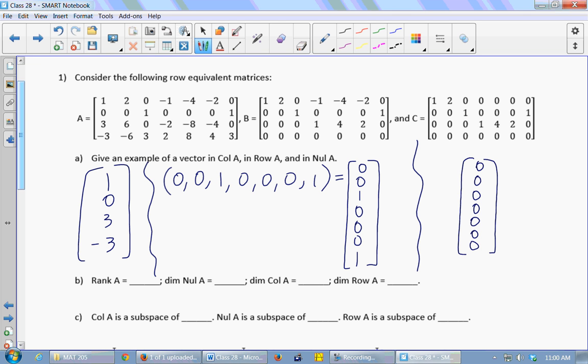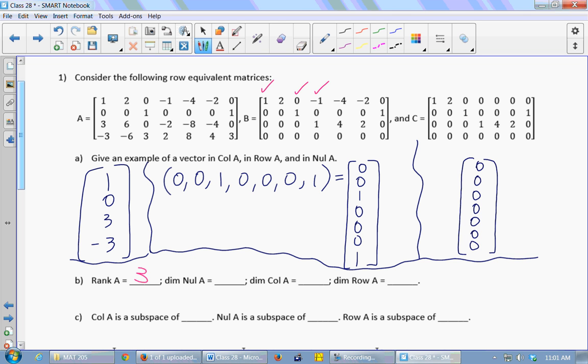How many pivots are in the matrix A? 3. Yes, the number of pivot columns is the same thing as the dimension of the column space, which is the same thing as the rank. Okay, so the rank of A here is 3 because there are 3 pivot columns: 1, 2, 3. So the dimension of the column space is 3, which means the rank of the matrix is 3.